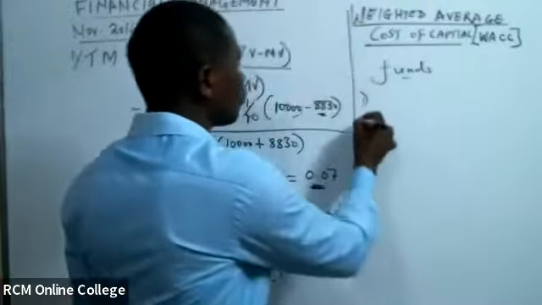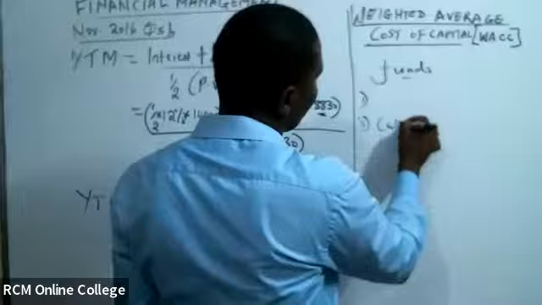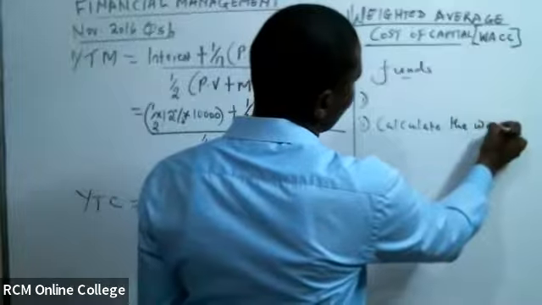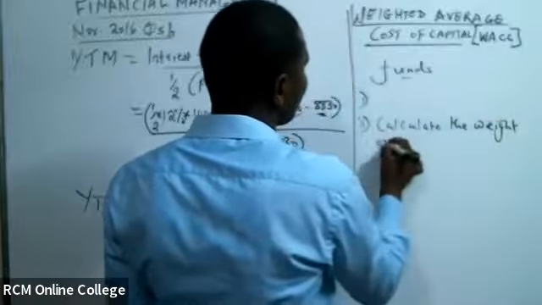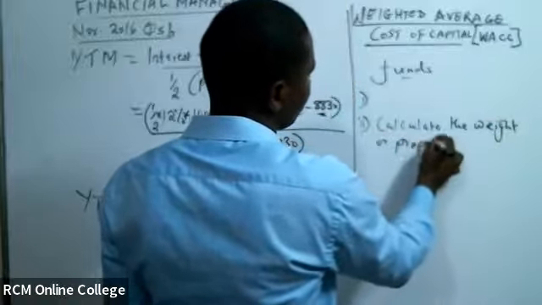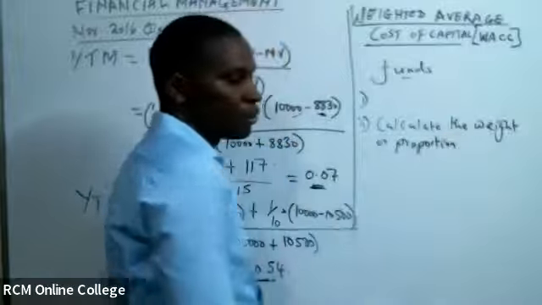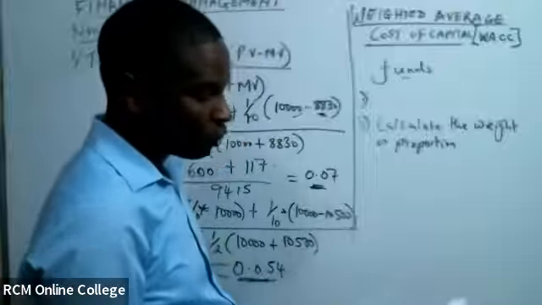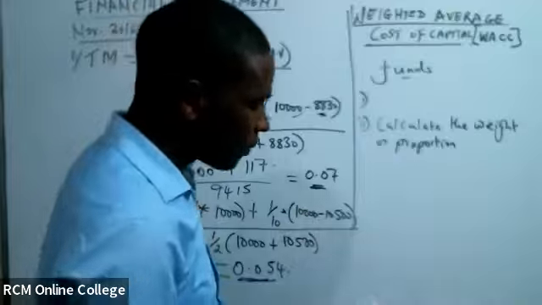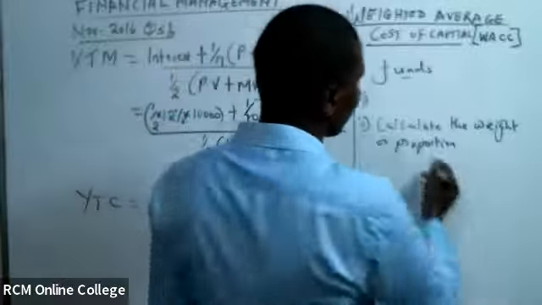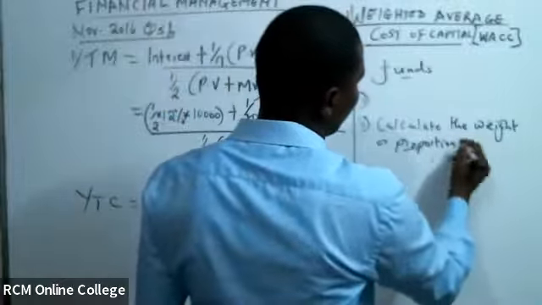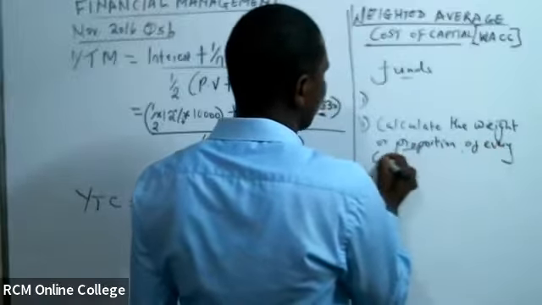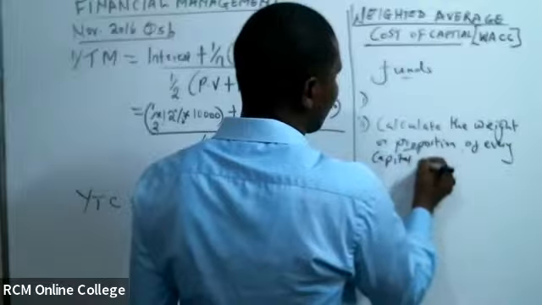Number 2 will be to calculate the weight or proportion of every capital component in the firm's capital structure.